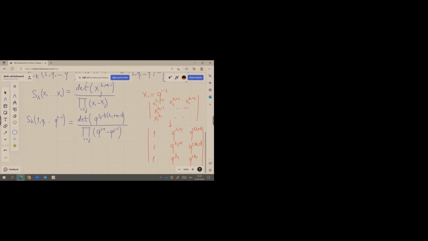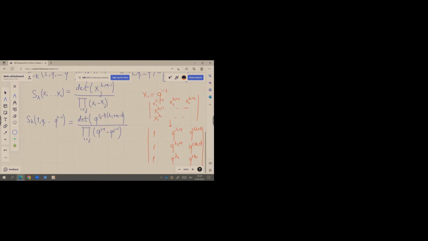That's really funny. You started with some bad determinants, and you evaluated at some values of q, and this evaluated determinant is computable. It's Vandermonde in these q to the power lambda i plus n minus i.